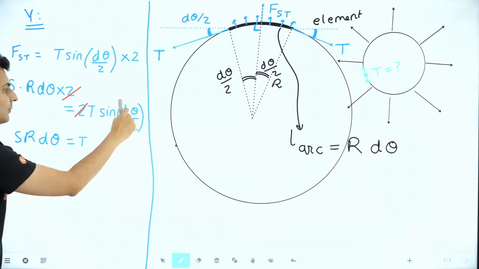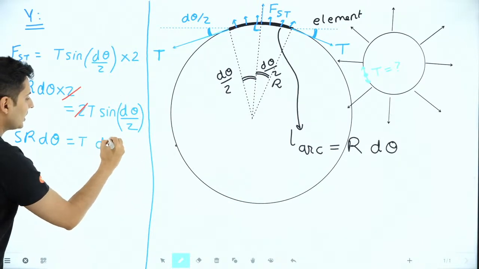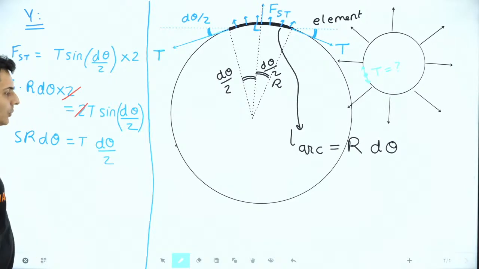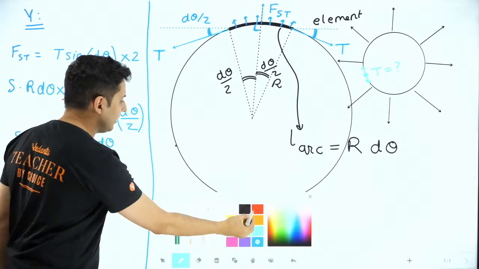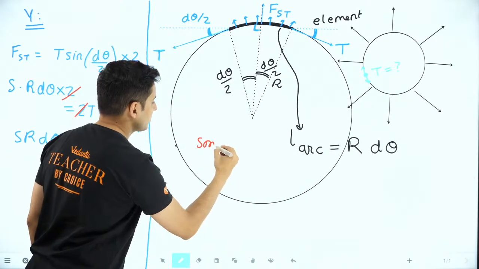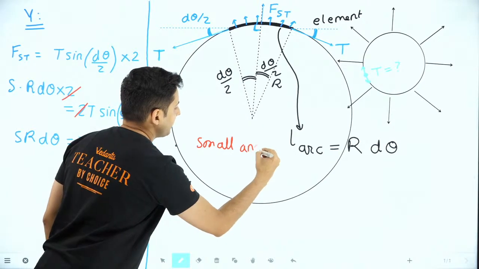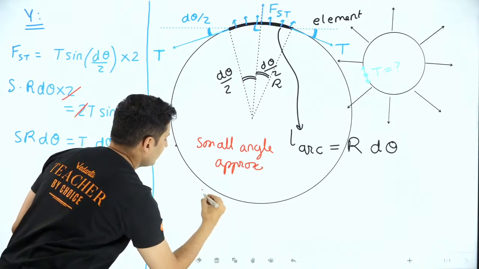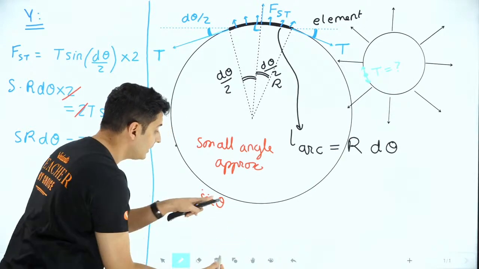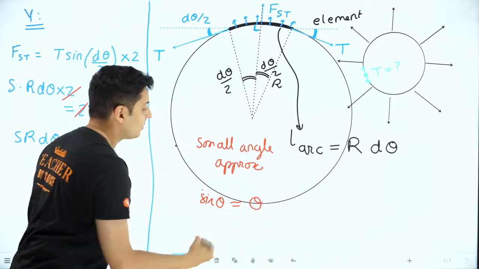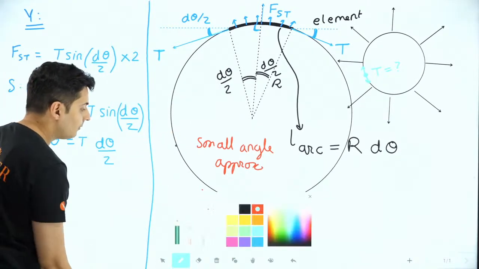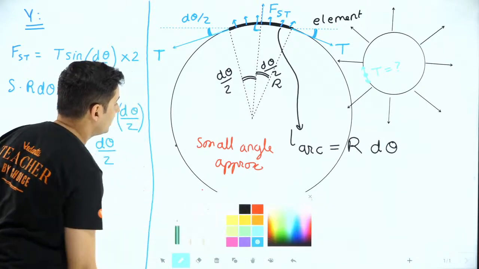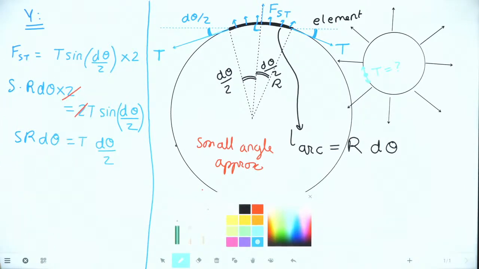So this will be equal to just d theta by 2. This is called the small angle approximation: sine of theta, when theta is small, is approximately equal to theta itself. That's a very, very important approximation. You will need it many, many times.